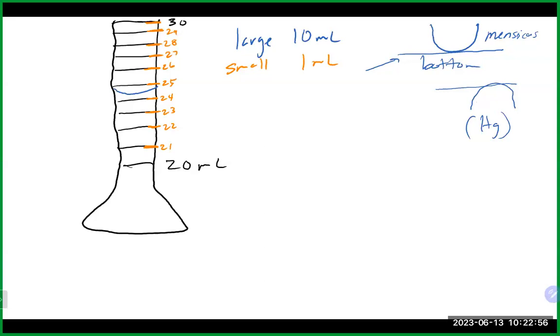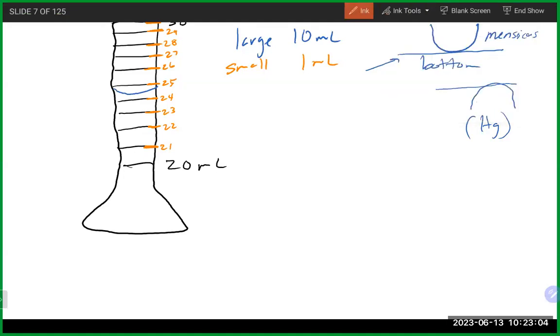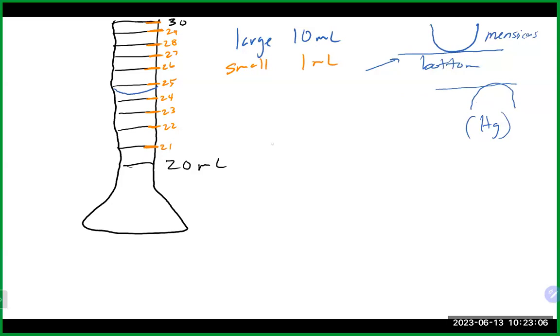So once again, when we take our reading here, we can see that it is at least 24, and that is what we should record here. That is definitely our certain numbers, which is 24. Once again, it is not exactly at 24. We go from the bottom of the meniscus. Maybe you don't feel it's exactly half, so we would record maybe 4 milliliters.